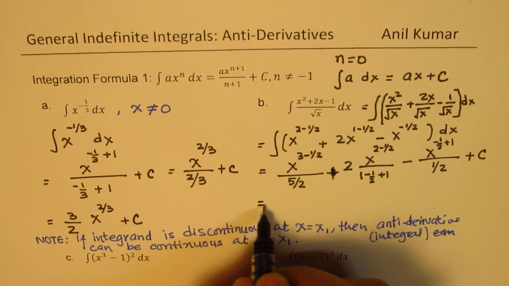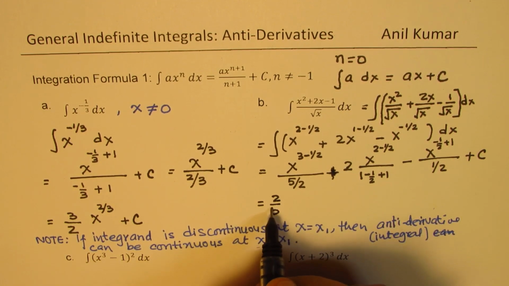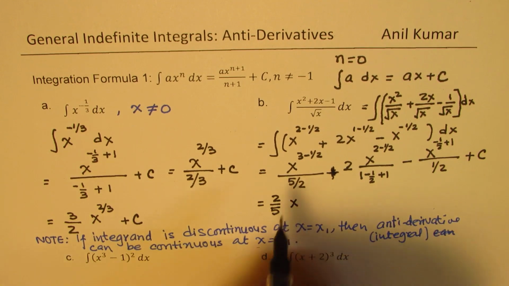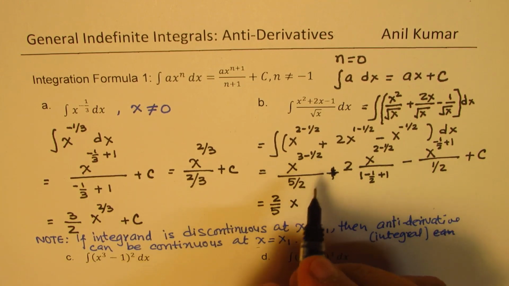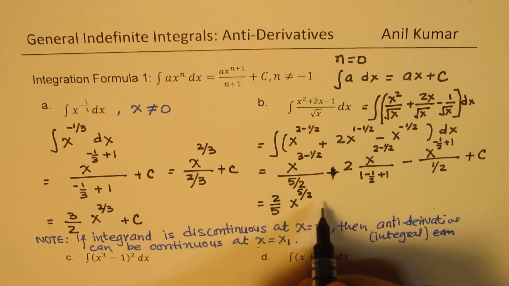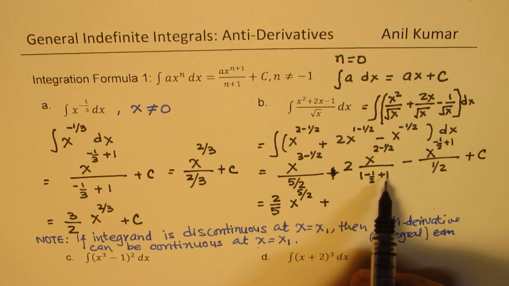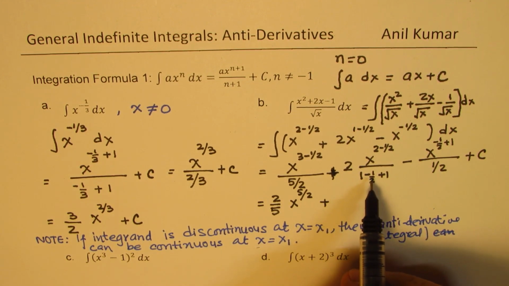Now, you could write this as 2 over 5 x to the power of 3 minus half, which is 2.5, so 2.5 is 5 over 2. Is that clear to you? Okay, plus, now 2 minus half is 3 over 2.